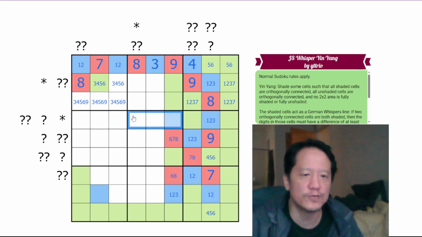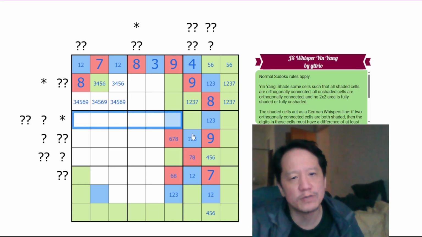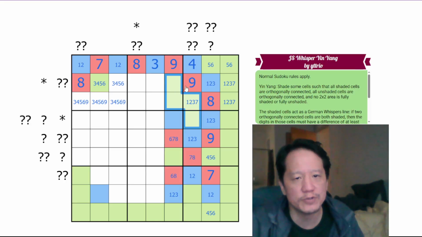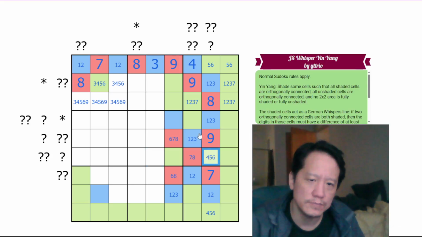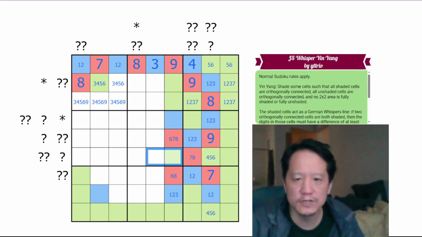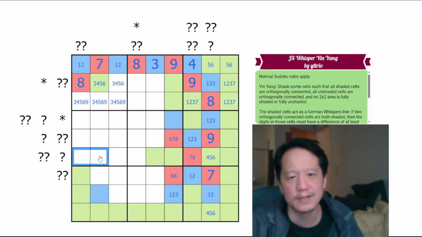If it were the full set, the problem is that this green would be broken up into 2 separate regions. Green has to go out here to be orthogonally connected. This is a singleton digit. So we have to have 2 here, 2 here, 2 here at least.